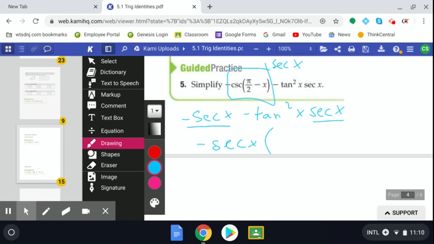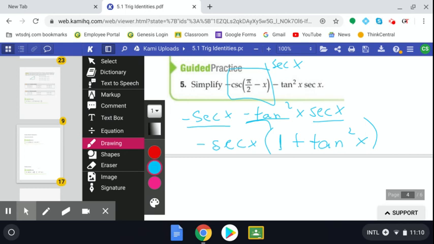So when I pull that out, I get 1, because secant x divided by negative secant x is negative 1, so I need the negative outside. And then I would have a plus tangent squared x, because if I were to distribute this, I would get what's on top. Okay?